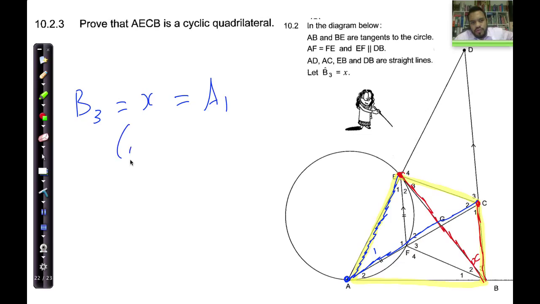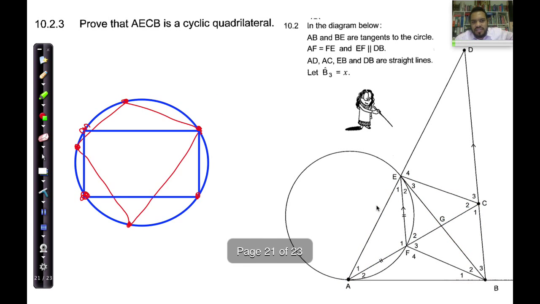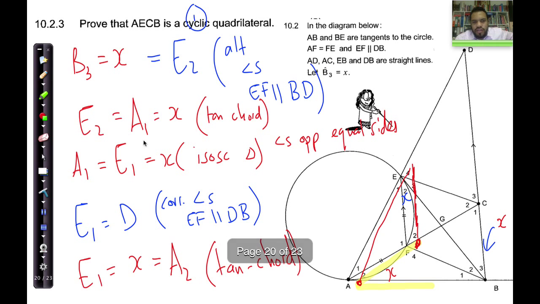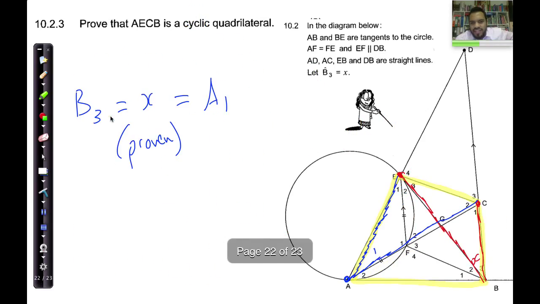But this has been proven previously, right? It's been proven in 10.2.2, because remember we found a series of angles over here that were all equivalent to X, and we found that A1 is equal to X. So if I go back here, I can see A1 is equal to X, but B3 is also equal to X, and both of those are angles on the same segment.